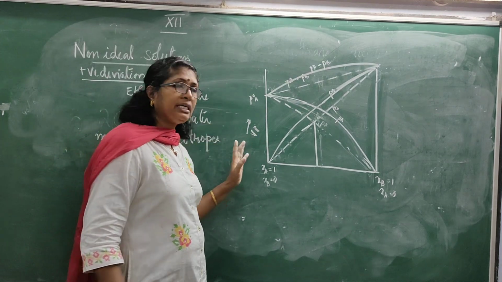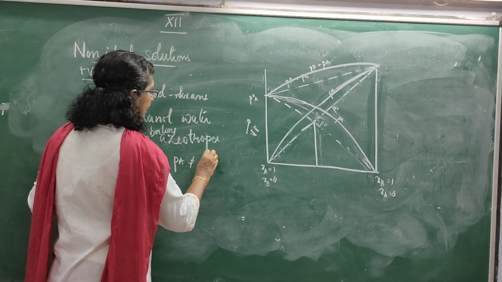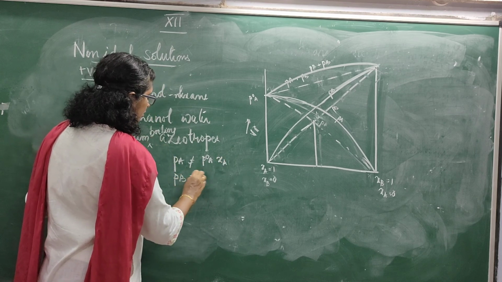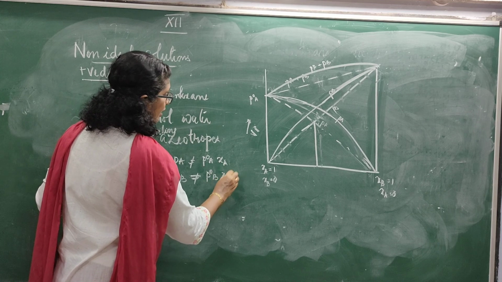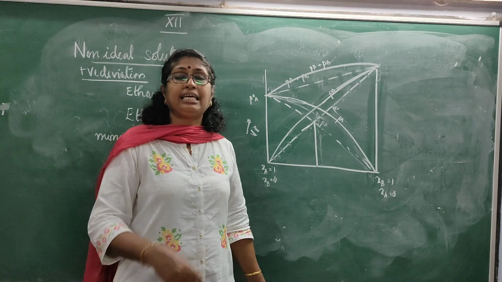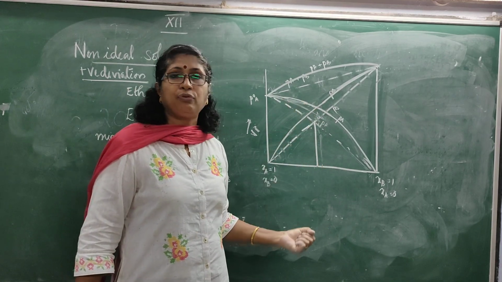So, as we expect, PA will not be equal to P naught A into XA and PB will not be equal to P naught B into XB. And what happens to the enthalpy of mixing? See, a weaker interactive force is formed.